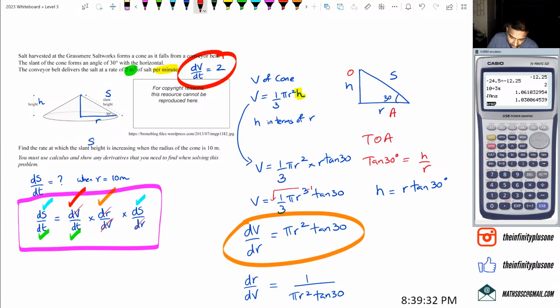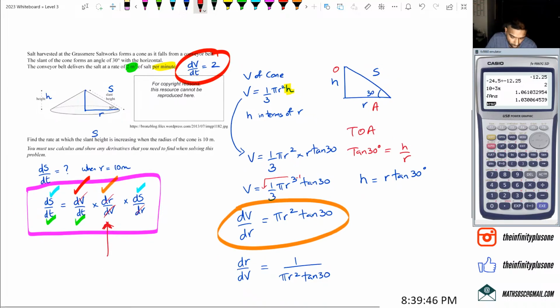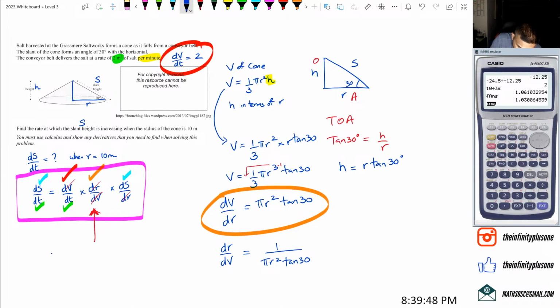So Beth, you're wondering why I flipped it? Because in my original equation right here, I needed the dV to be at the bottom so that I could cancel it out. Otherwise, my equation would look like this: dV/dt times dV/dr times ds/dr. And as you can see, I can't cancel the two dr's and I can't cancel the dV, because on my left hand side I want ds/dt.